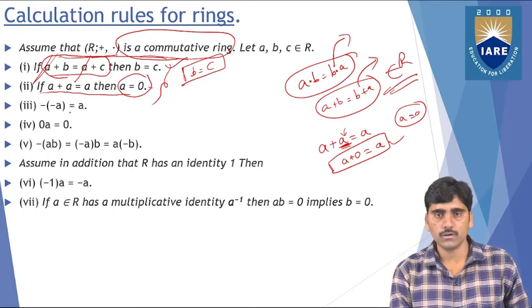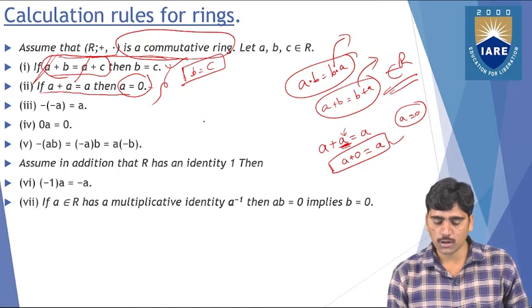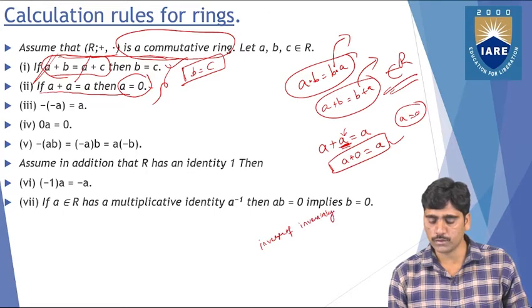And the third one is what? Minus of minus a. That means the inverse of the inverse integer. The normal integer is a, and the inverse integer with respect to addition is minus a.